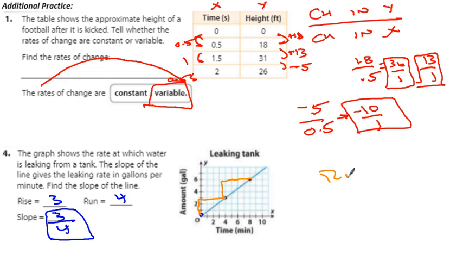And because it's rise over run, the rise is how much we go up and down, so we call it rise. So I went up 3 over 4, up 3 over 4. And it's actually going to maintain that pattern. Okay, so that's up 3 gallons every 4 minutes, which is really 3/4 of a gallon per 1 minute. And that gives me my slope and my rate of change.